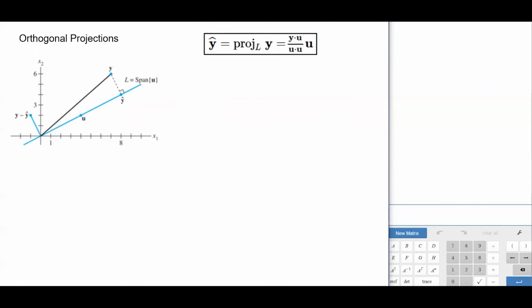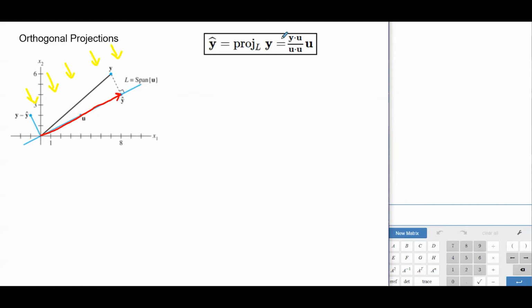So if you had a light shining light rays perpendicular to the line, then this vector y hat would be the shadow cast by y onto the line. The light would hit the line and it would create a shadow here. The shadow is what we call the projection.